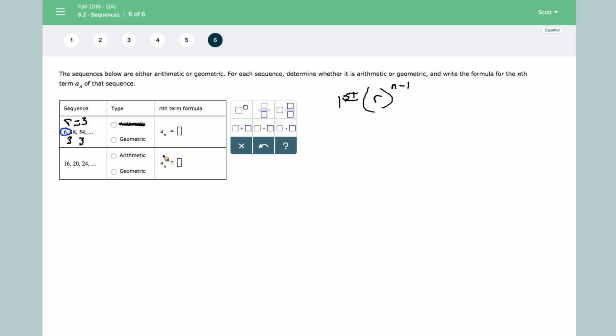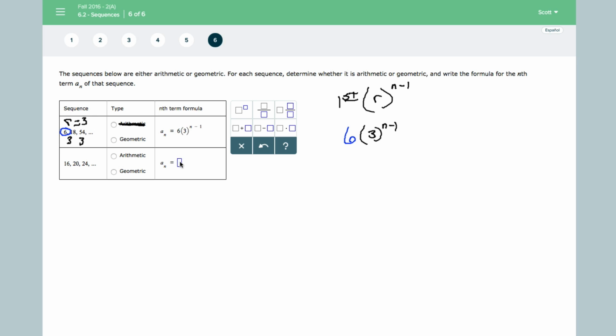So what's my first term? My first term is 6 times my ratio would be 3. Oh, instead of putting an r, I'll put a 3 to the n minus 1. And that's the answer. That's all you have to do. So 6 times 3 to the n minus 1.